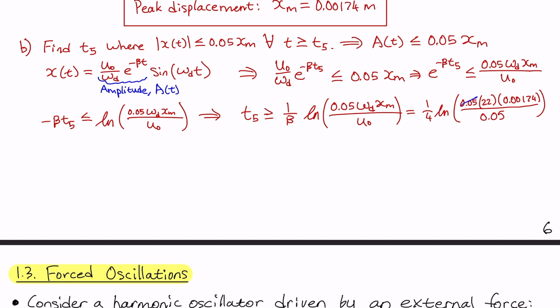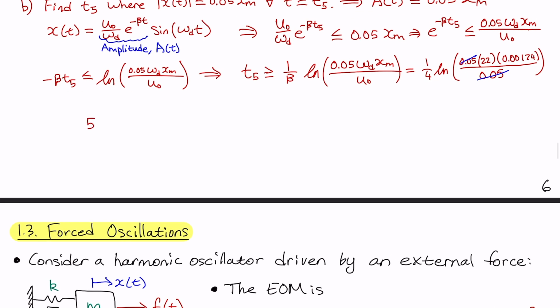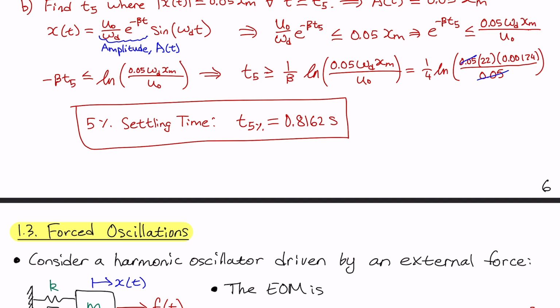Conveniently, the 0.05s cancel out, making it easier for us to plug in the numbers. And from there, we find that the 5% settling time, t sub 5%, is equal to 0.8162 seconds. And that is the answer here to part B.